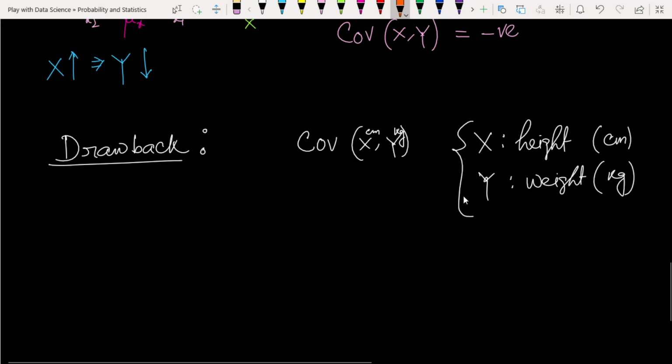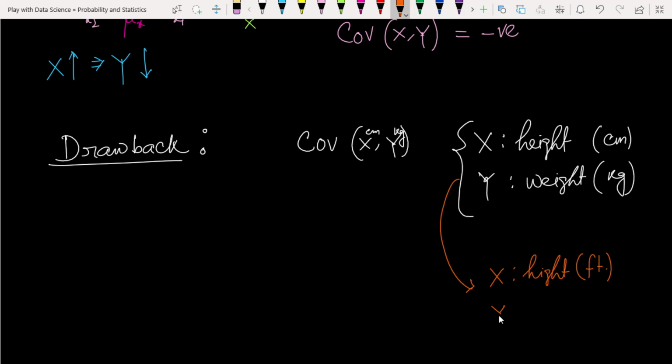The height is converted from centimeters to feet, and the weight y is converted from kg to pounds, lbs. We simply convert the data from centimeter to feet and weight to pound. After conversion, this value is x dash and this value is y dash.